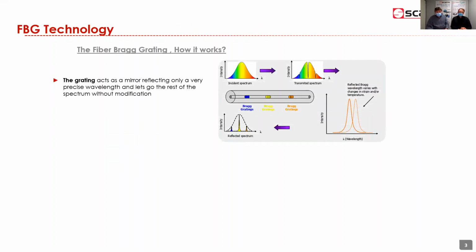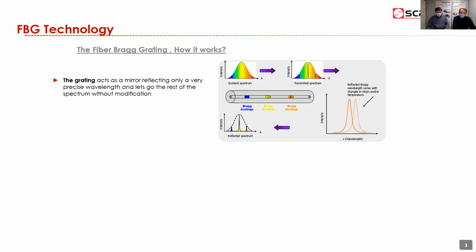So the Bragg Grating basically is a kind of mirror, let's say, which is engraved inside the core of an optical fiber. This is done by a laser, and it measures roughly 1 centimeter long.